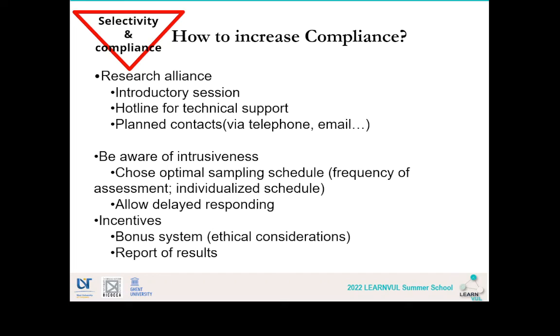Be aware of intrusiveness. Just out of curiosity, you could try setting up a study in which every 2 hours you are asked to fill in a questionnaire. After 2 days, you would say, just leave me alone. So allow delayed responding.